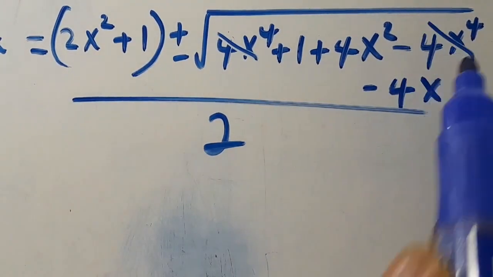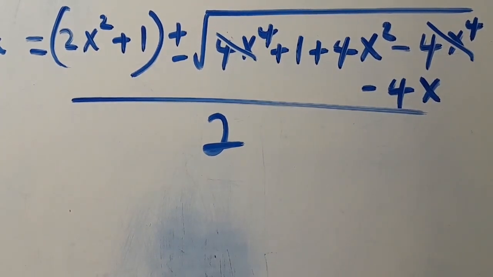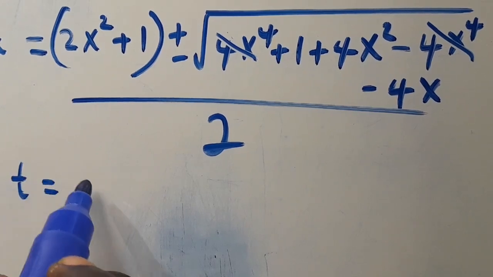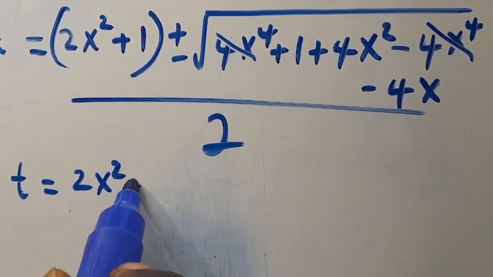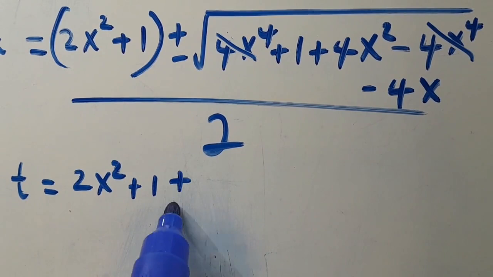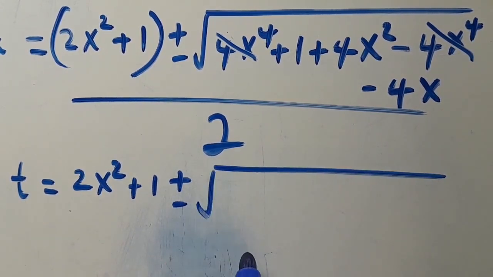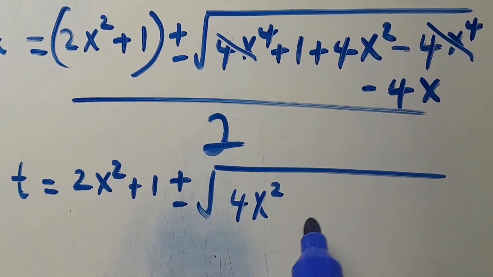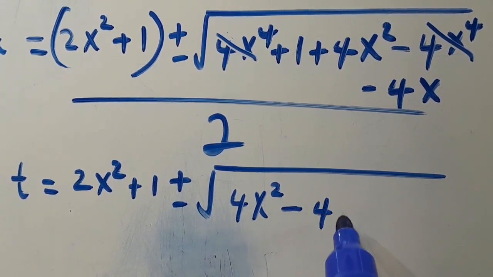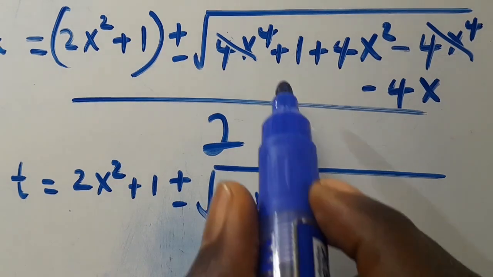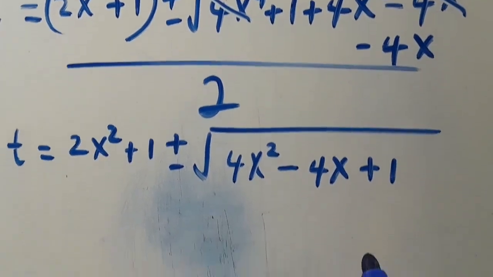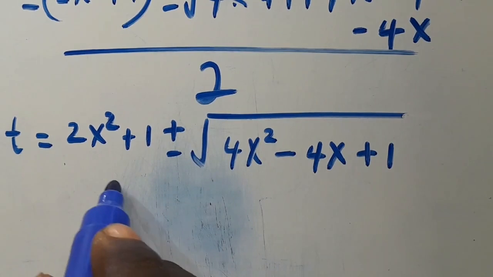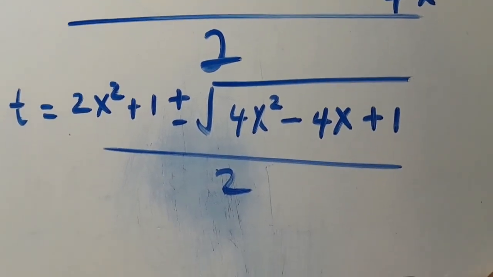This and this will cancel. So we are going to have t equal to 2x squared plus 1, then positive or negative, root of, we only have this, 4x squared, then minus 4x plus 1, then all divided by 2.